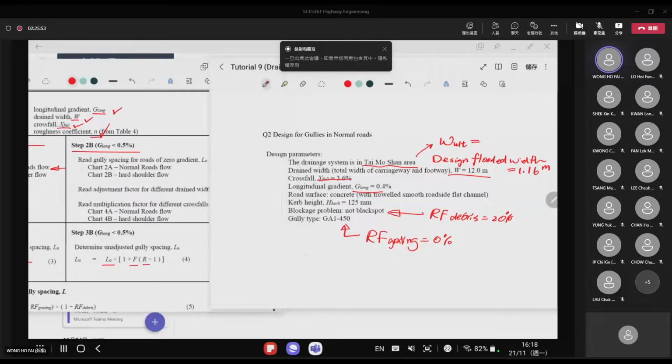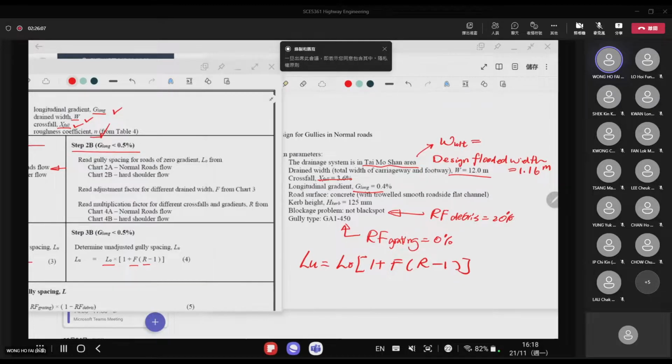So we will use the equation LU is equal to L naught times 1 plus F R minus 1. Right? So L naught, we can find it by the chart 2A.